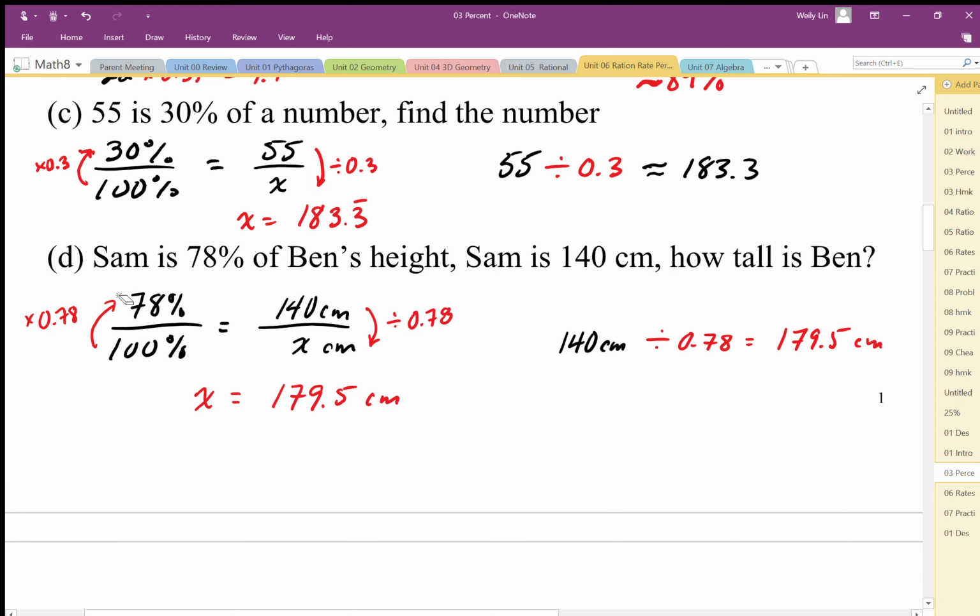In this case here, our up and down multiplier decimal percentage is 0.78. So from top to bottom, we're going to divide. And if you have some rules which we can use to determine whether we divide or multiply, that's fine, but make sure that you're clear and understand how it fits into the proportional equation.